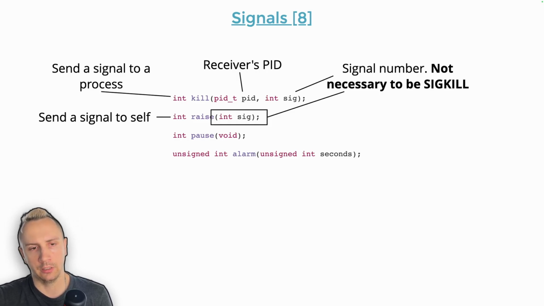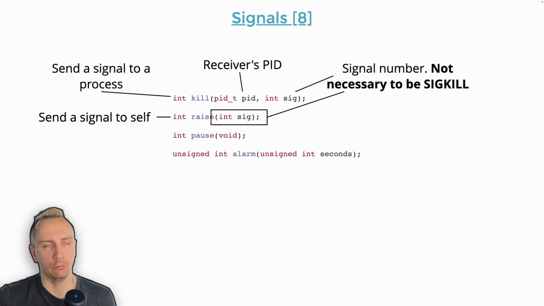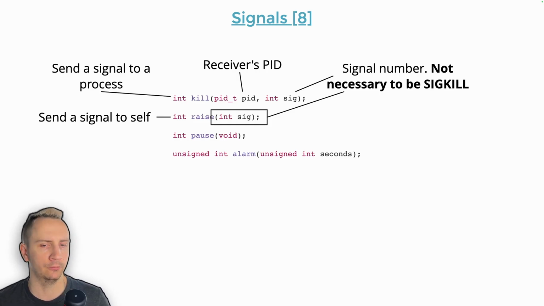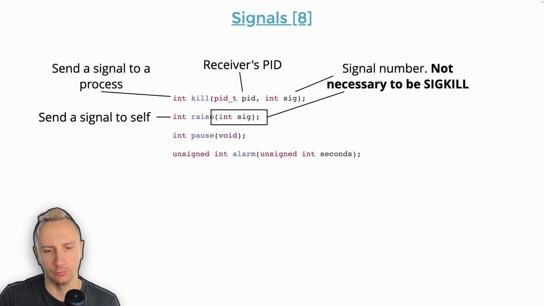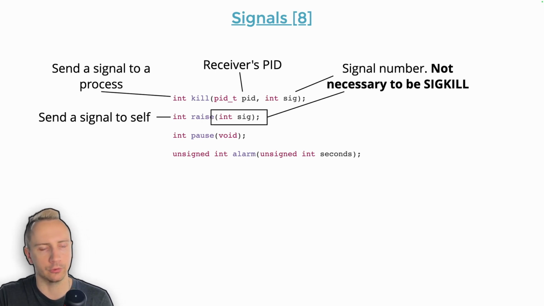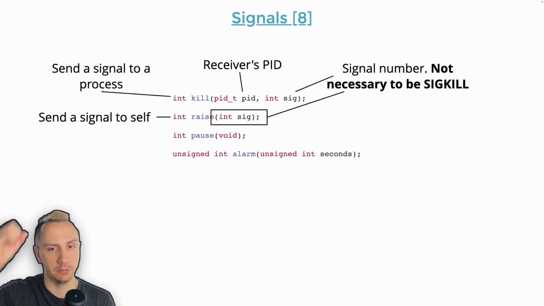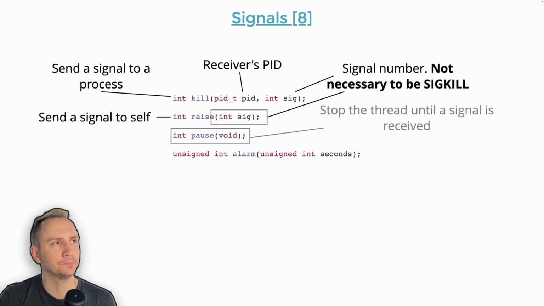Signals can also be targeted to specific threads, not the whole process, and raise allows you to send a signal to your current thread, which kill I think cannot do, but you would have to double check if you ever want to use it in some logic. Better not rely on just the words, it's always easy to set up an experiment to double check this.